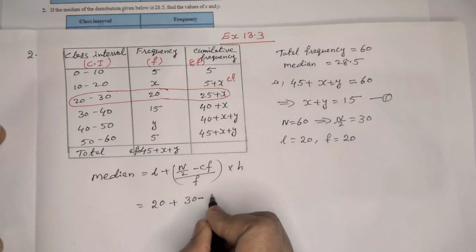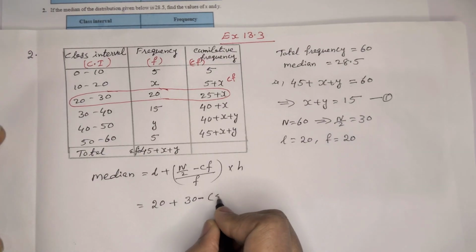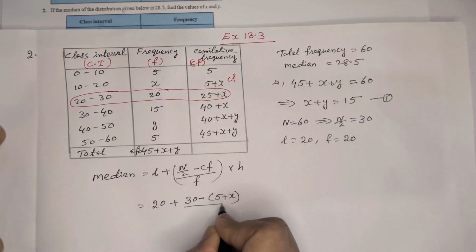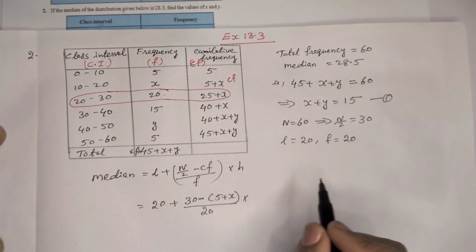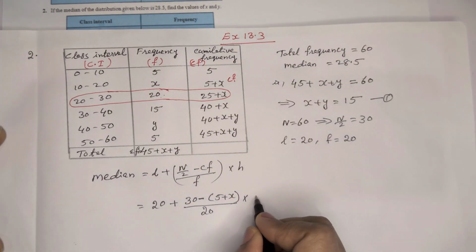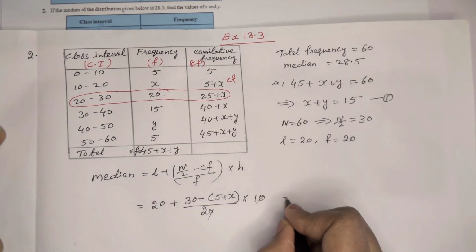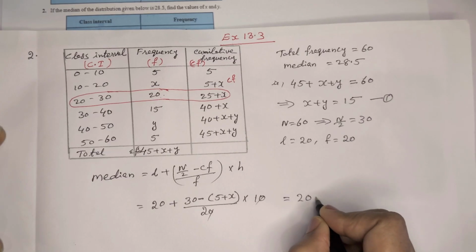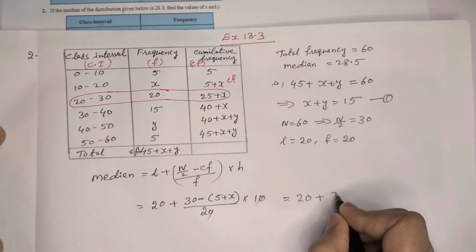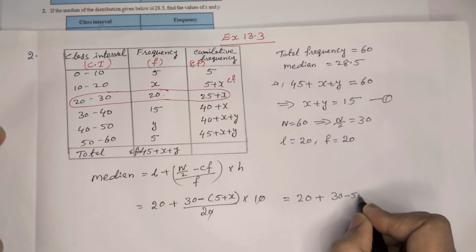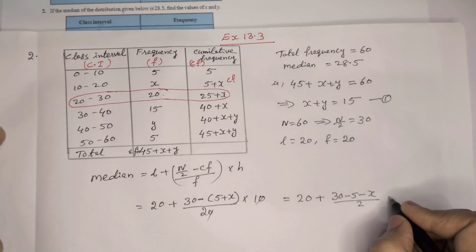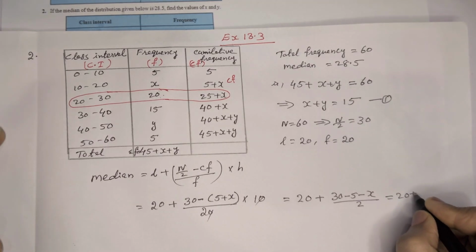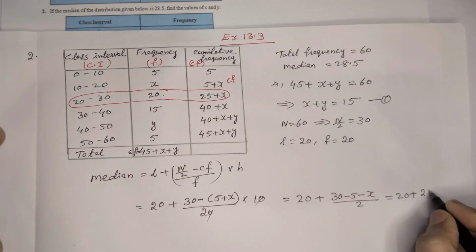So minus sign is here, keep that in bracket, 5 plus x, divided by frequency, that is 20, into h, 10, the class size, which is equal to 20 plus 30 minus 5 minus x by 2. Again that is equal to 20 plus 30 minus 5, 25, 25 minus x by 2.